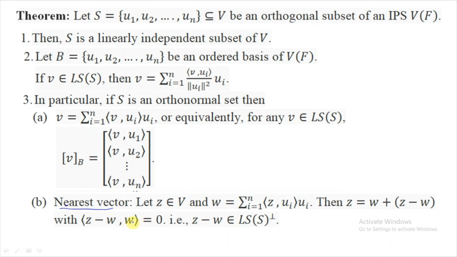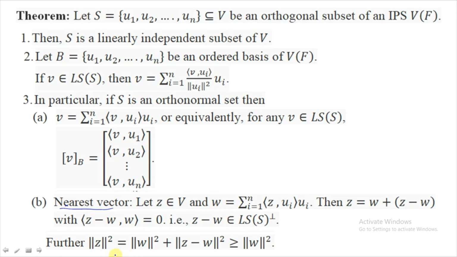Suppose Z minus W is in the orthogonal complement. W belongs to the linear span of S. What about Z minus W? It's in the complement. Further, we'll see how to express norm Z squared.